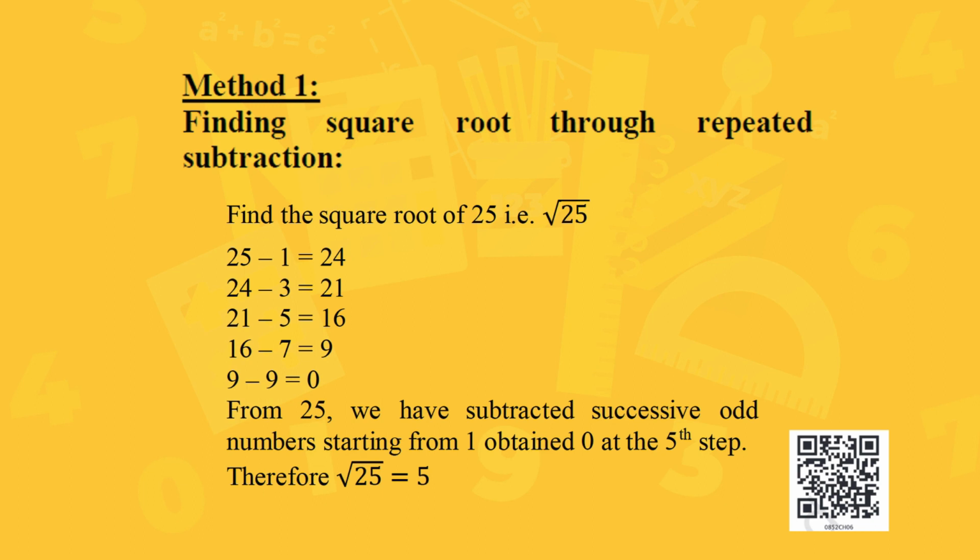So, if you observe all these subtractions, from 25 we have subtracted successive odd numbers starting from 1, and so we obtain 0 at the 5th step. Make a count of it, it is the 5th step. So, therefore, we found square root of 25 is equal to 5.